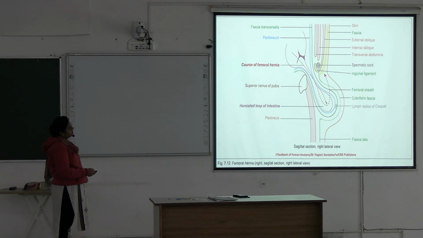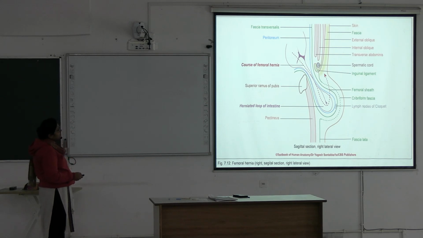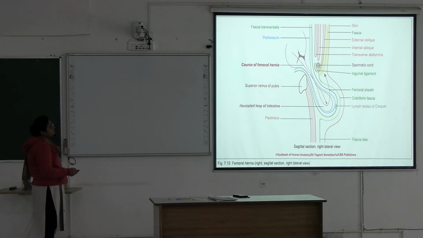So there is a bulging in the skin near the thigh region, the medial aspect of the thigh, and these are the coverings from outside inward: skin, superficial fascia, then deep fascia, cribriform fascia. Cribriform fascia is the covering of the saphenous opening, and this was the content of the femoral canal, lymph node of Cloquet.